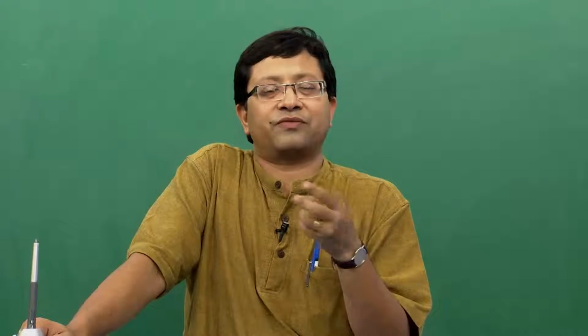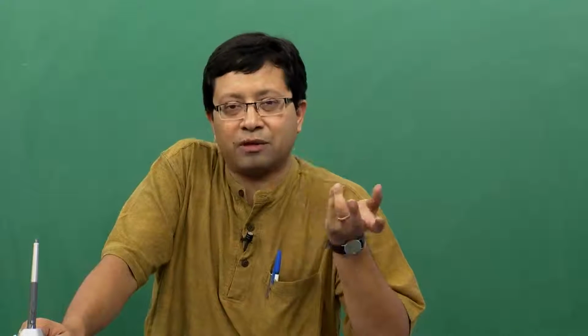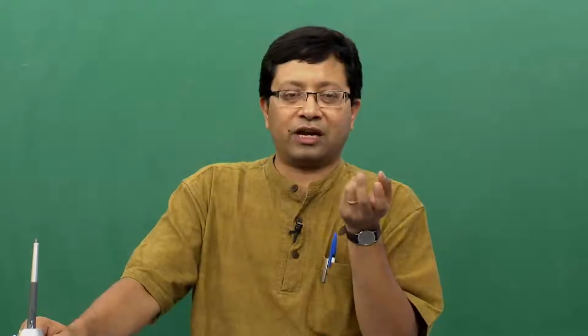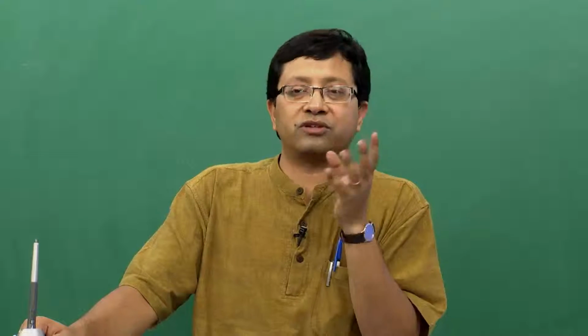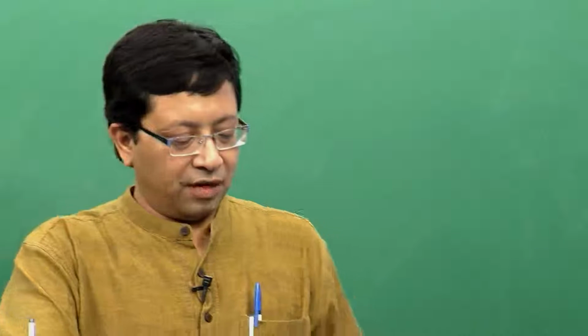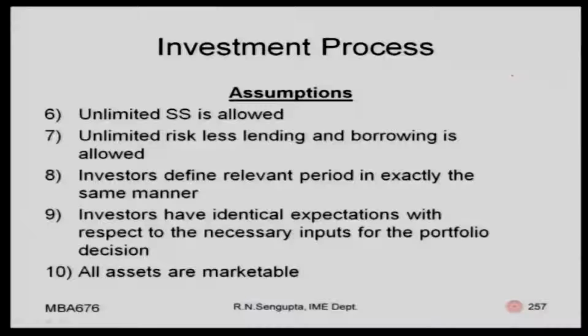If I get a loan, or open a fixed deposit or a recurring one, the interest rates are different. But in our case we will consider both interest rates to be the same. That means Rf for the lending case and Rf for the borrowing case are the same. Investors define relevant periods in exactly the same manner.